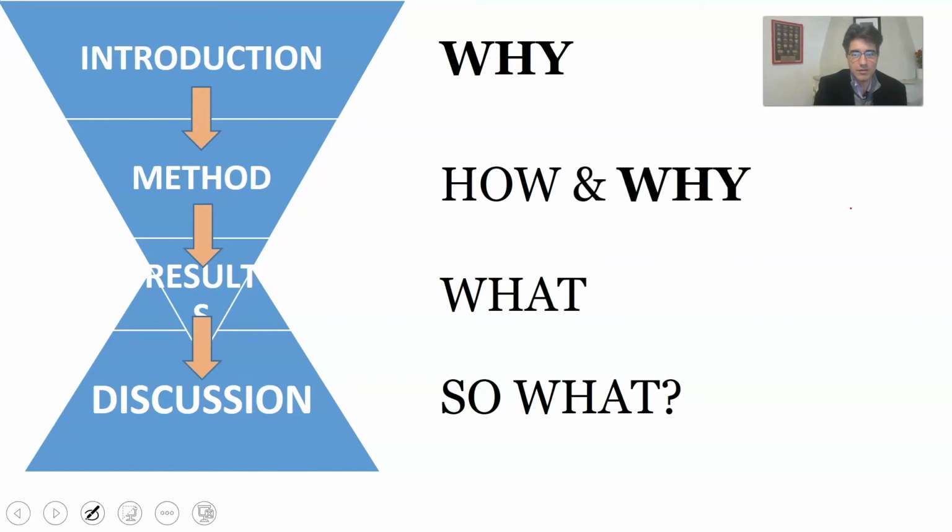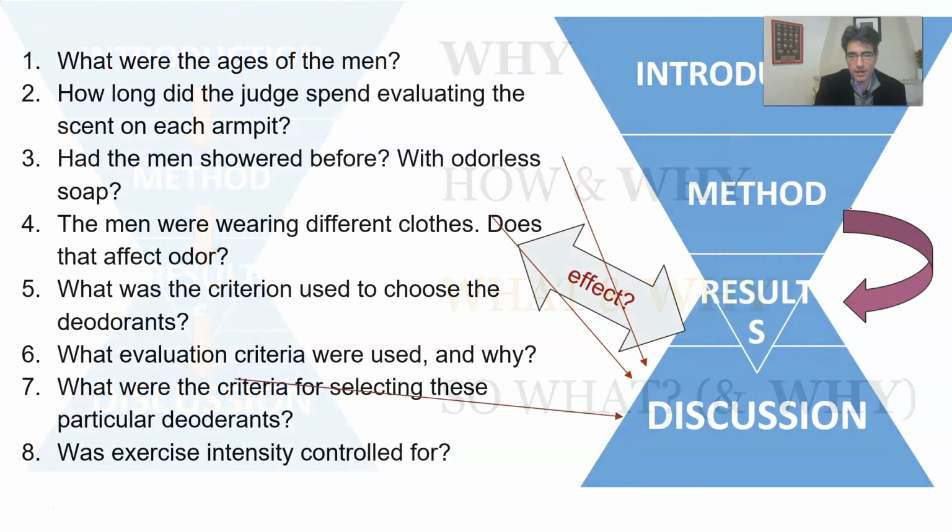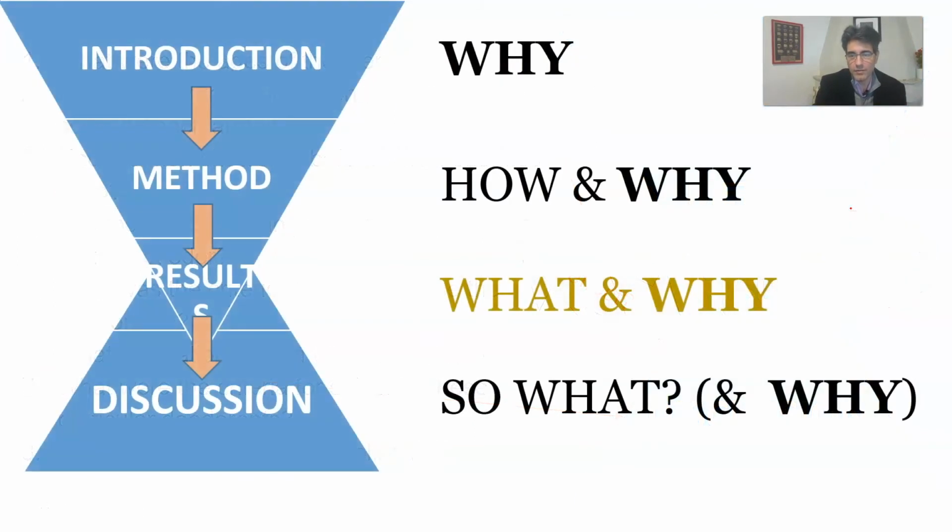However, as I also mentioned, the why should permeate really everything. So it's not just how and why you did it that way, what and why it's those results, and the so what is, so what, and why do you come to those conclusions?